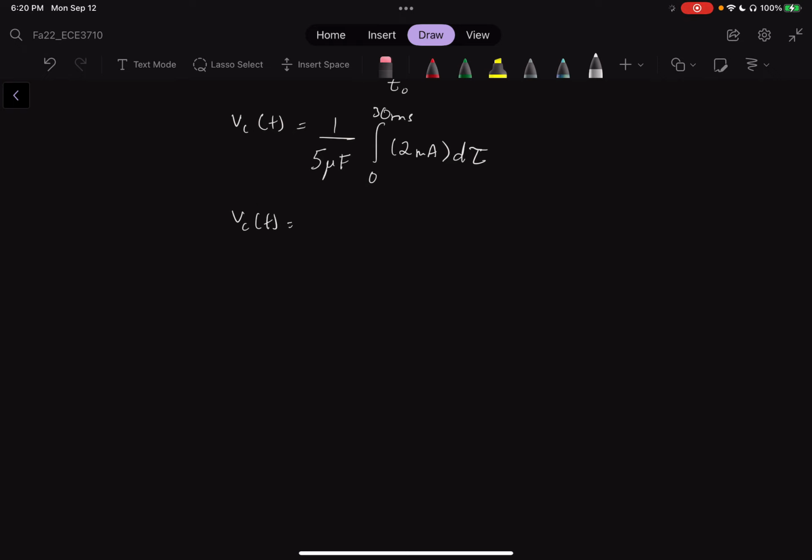VC of t is equal to 1 over 5 microfarads times 2 milliamps times some time, evaluated between 0 seconds and 30 milliseconds, which gives you what?